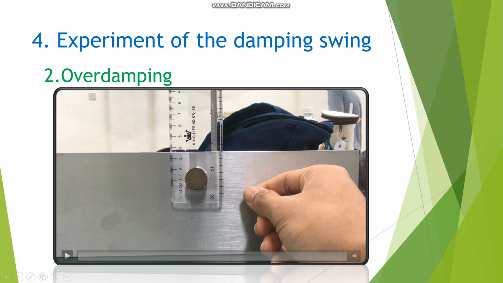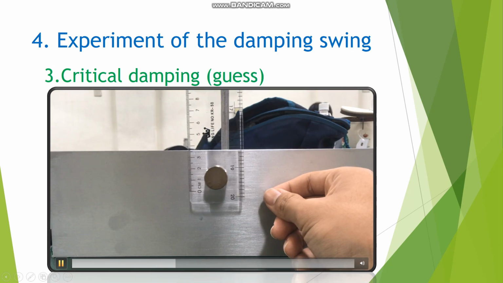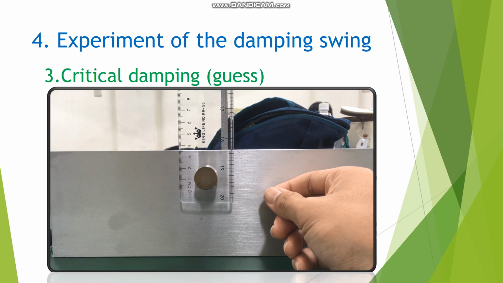So next, I try to decrease it a little. We can find that it moves more quickly than the overdamped case, but it also doesn't move back and forth like underdamping.